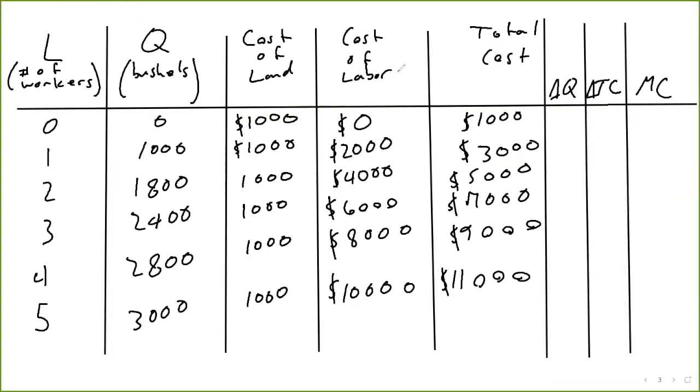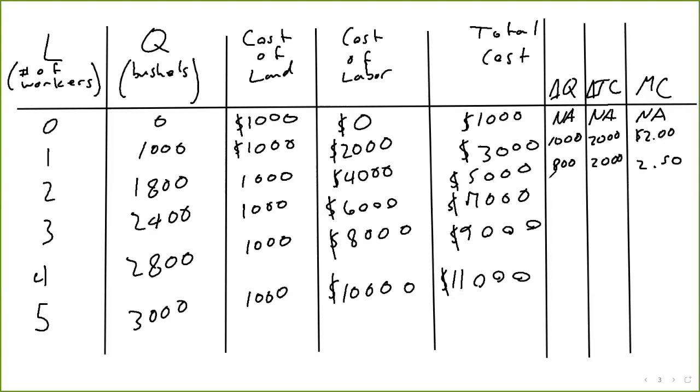We can calculate this. Again, the first entry, it's not really applicable because we have 0 output and labor. But once we go from 0 workers to 1 worker, our change in quantity is 1,000 bushels. Our change in total cost is 1,000 to 3,000, or 2,000. And so our marginal cost is the change in total cost divided by the change in quantity, or $2.